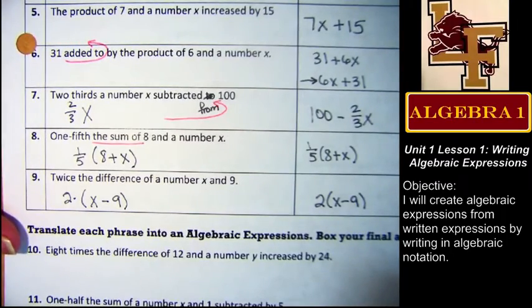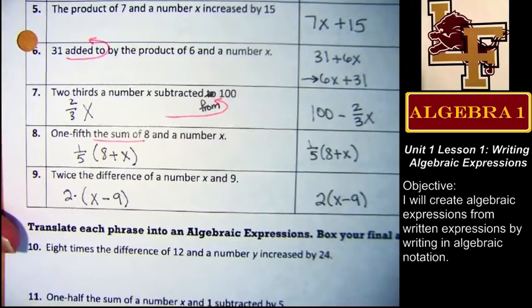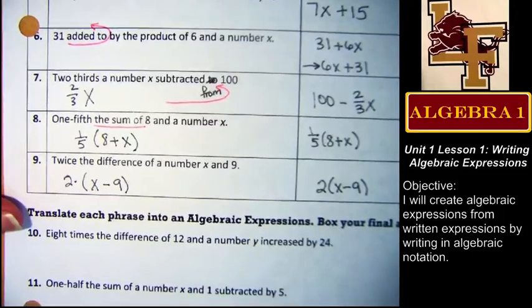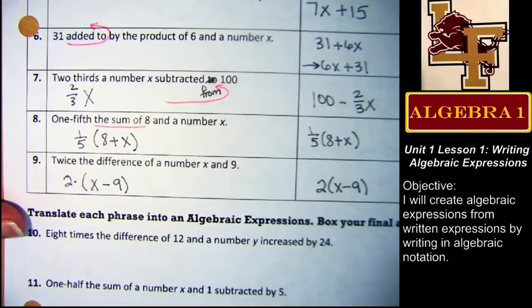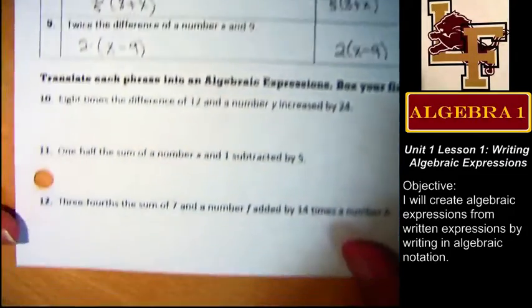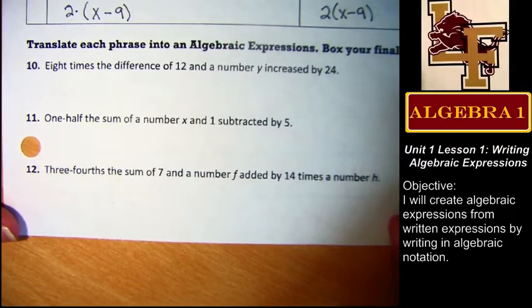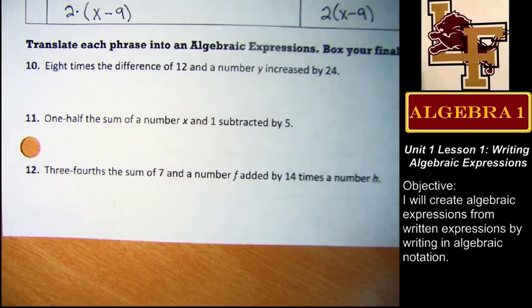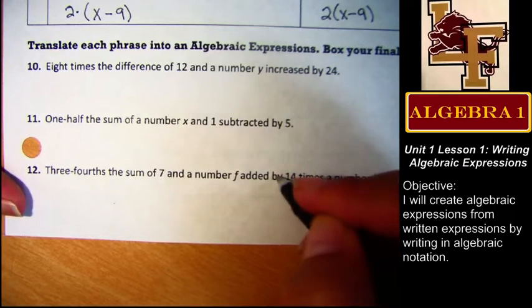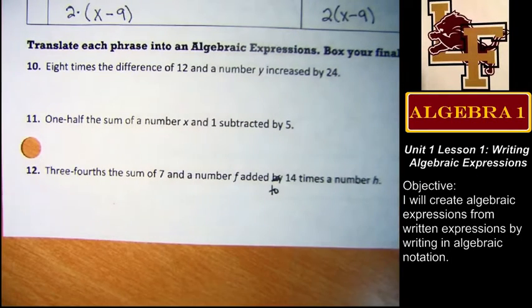All right. Let's do some more practice. I want to do some of the hard ones for you, with you. Let's look at number 12. 3/4 the sum of 7 and number f added to 14 times the number h.